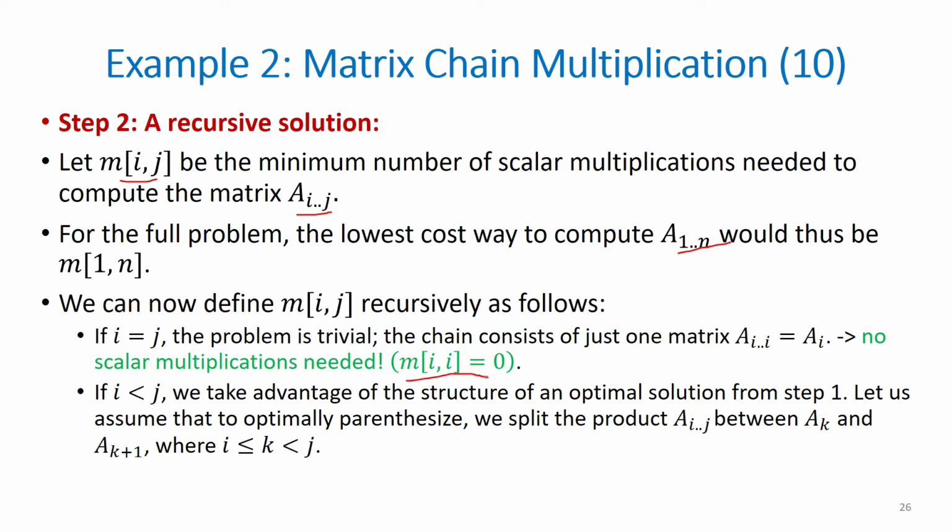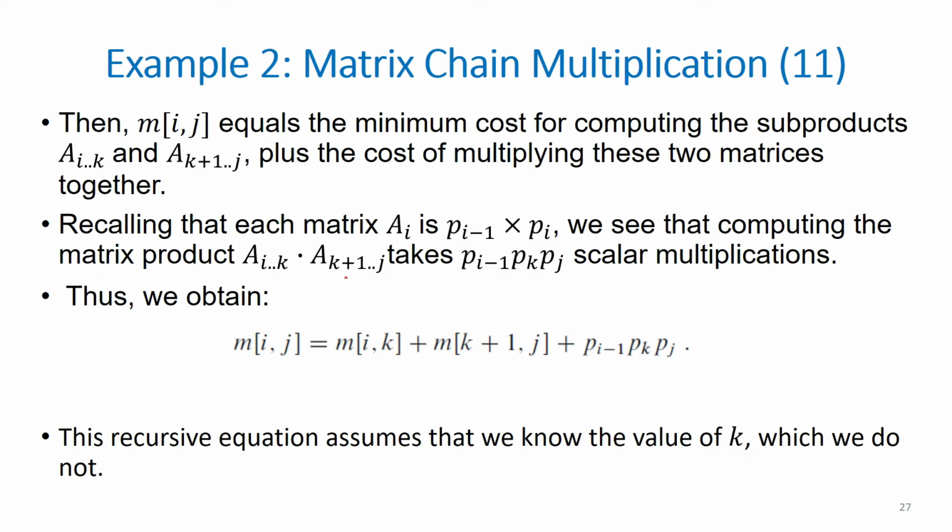But if i is less than j, then we make use of the optimal substructure that we defined in step 1. In other words, we say that to optimally parenthesize the chain Ai to Aj, we need to split the product Ai..j between matrices Ak and Ak+1. By doing so, we see that M[i,j] would essentially hold the minimum cost for computing the subproducts Ai..k and Ak+1..j, as well as the cost of multiplying these two subproducts together.